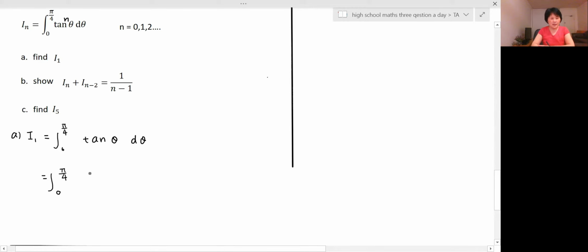Tangent theta is sine theta on cosine theta. Then equal to theta minus, from 0 to pi on 4, theta minus sine theta on cosine theta.